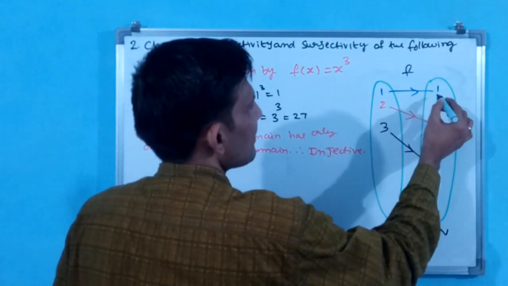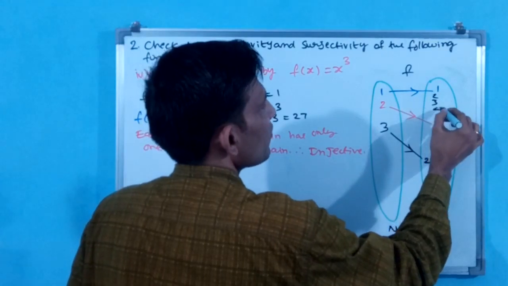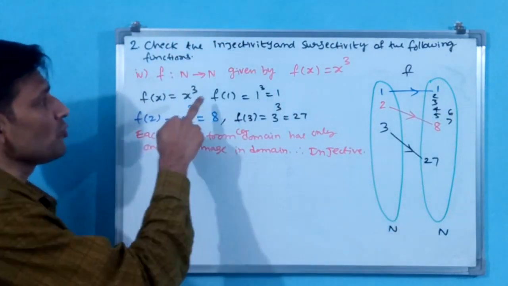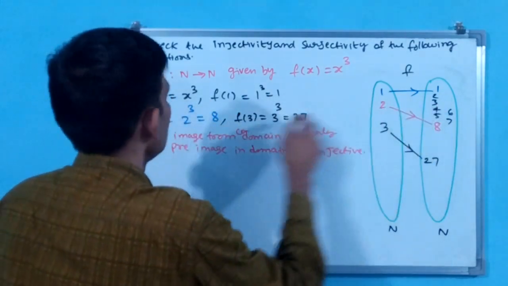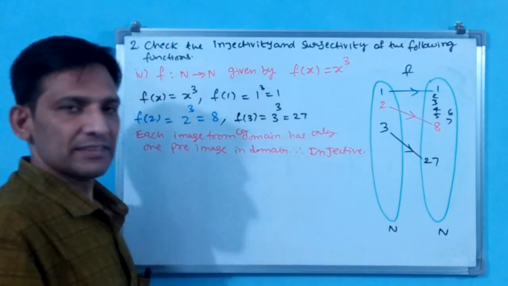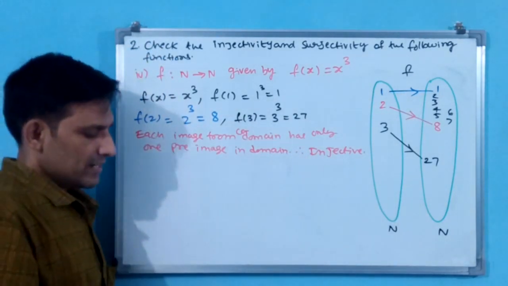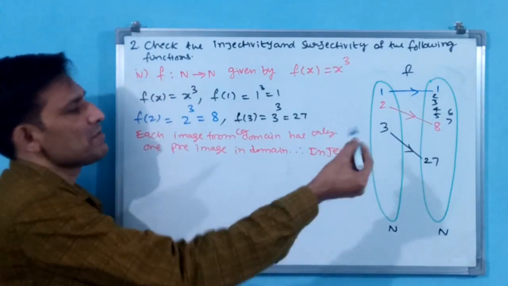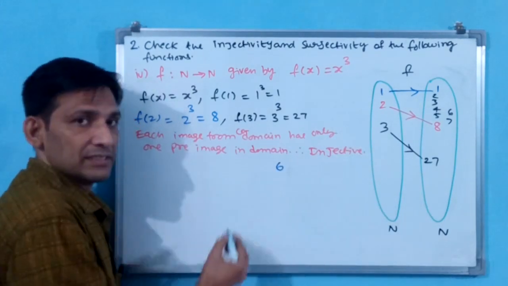Say after 1, there are 2, 3, 4, 5, 6, 7. Well, see, 1 cube is 1. 2 cube is 8. What about between 2 and 3? Is there any connection? Okay, we go back. Or else we take one number randomly, 6.